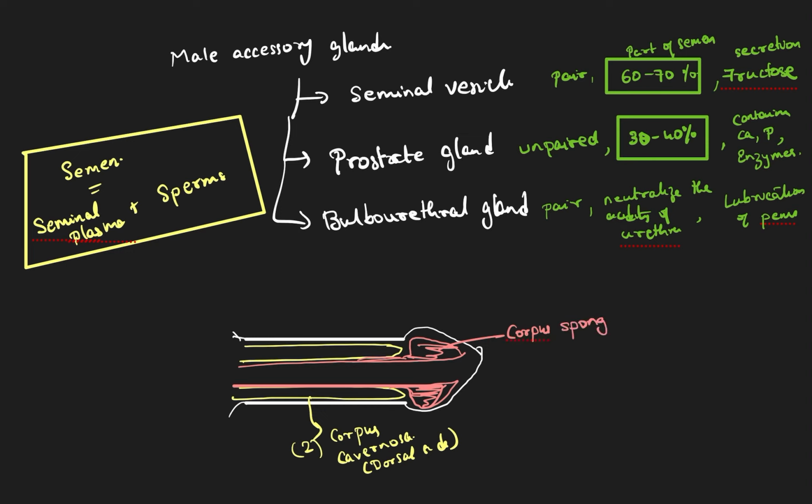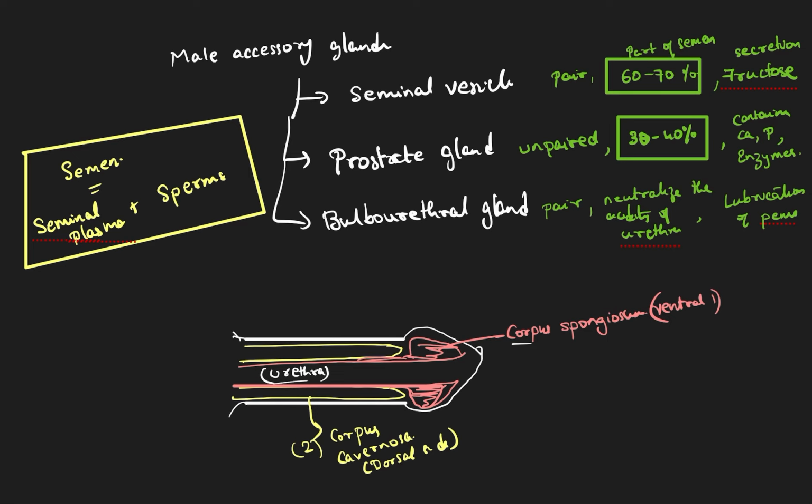You can see the name itself means a spongy tissue. Spongiosum is present on the ventral side, and this is one. And in between, the space that you are able to see is called the urethra. The urethra is present inside the corpus spongiosum.